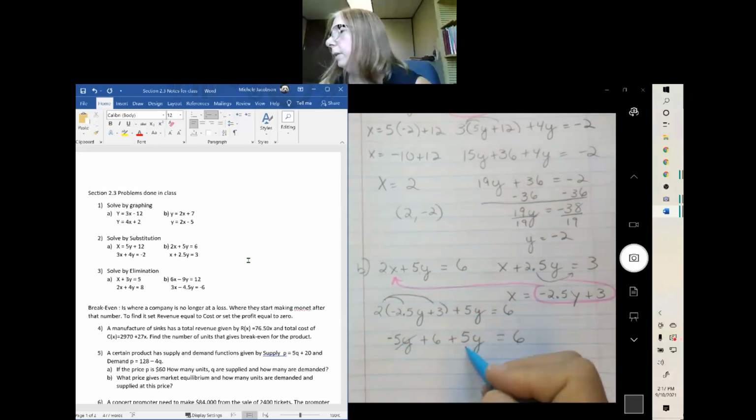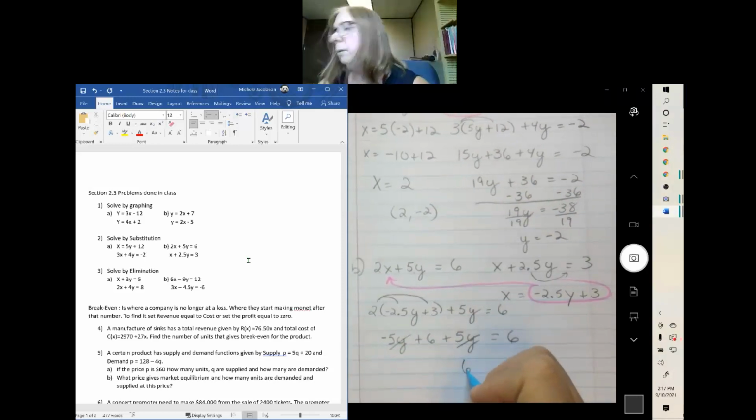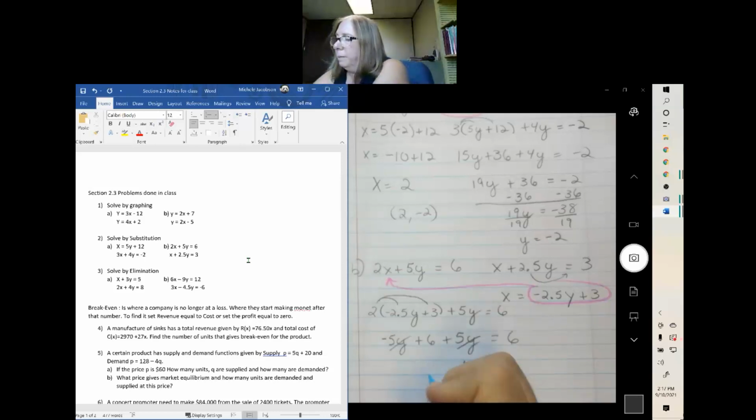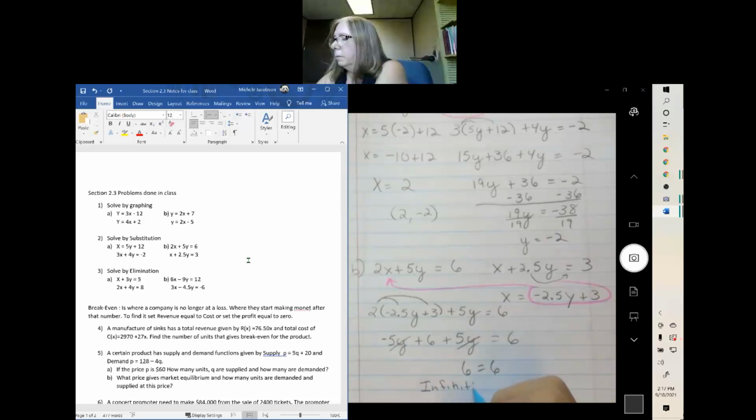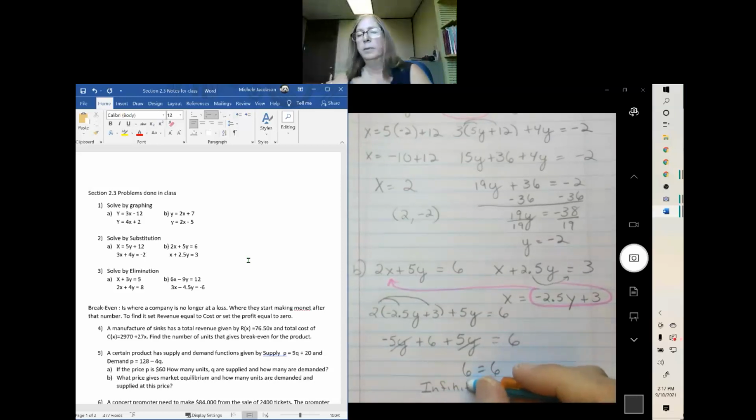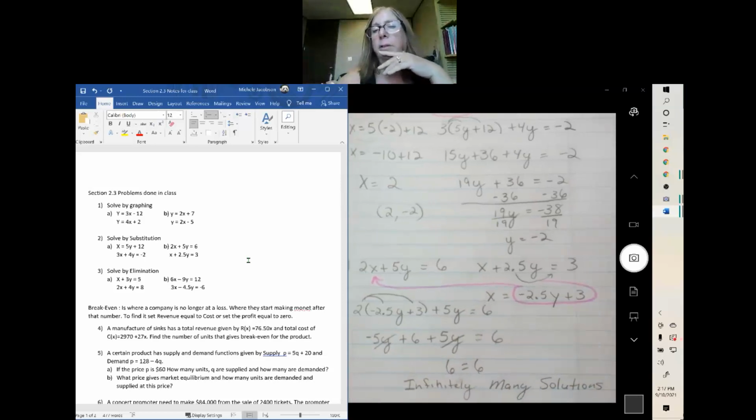The y's cancel out and leave 6 equal to 6. When it's a true statement, 6 does equal 6. There's infinitely many solutions. These were the same lines. So there was infinitely many solutions.